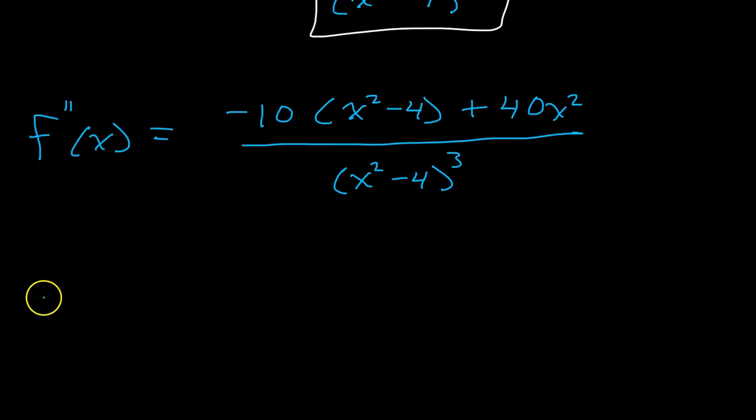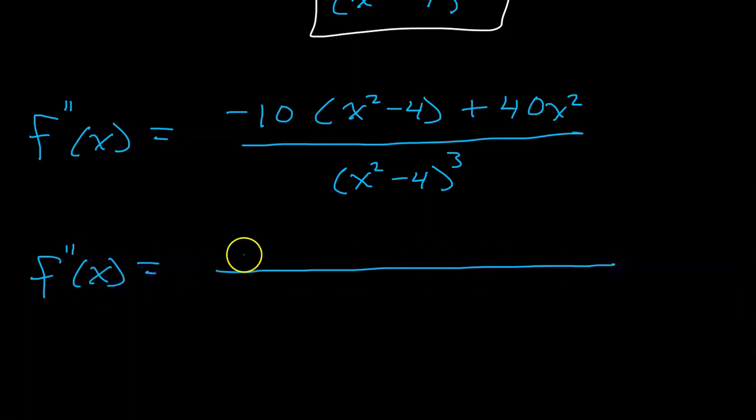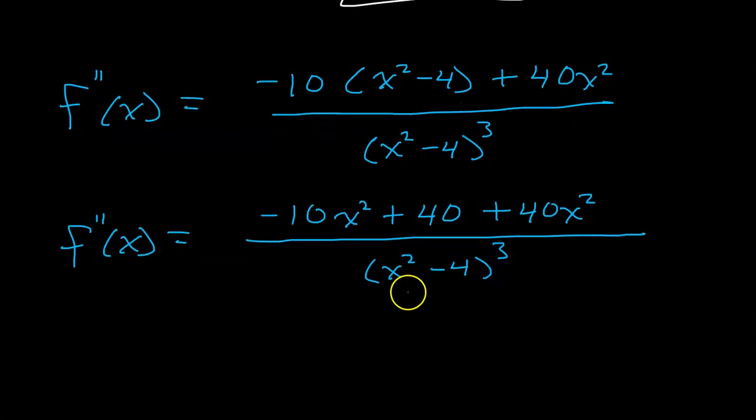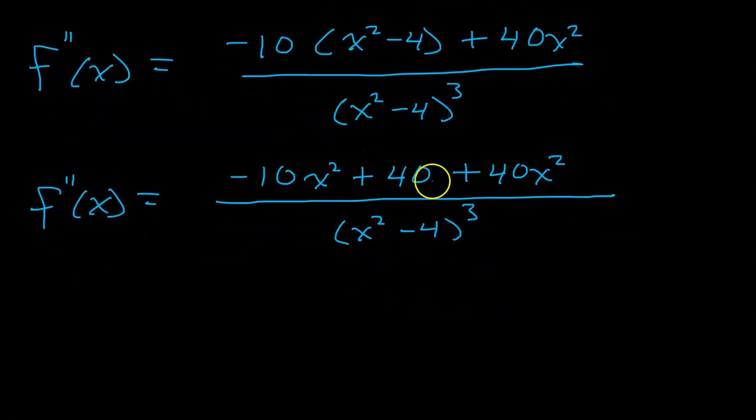So I'm going to have f double prime is equal to negative 10x squared plus 40 plus 40x squared. All right, the denominator will be left alone. Okay, combining like terms, that's going to be 30x squared.